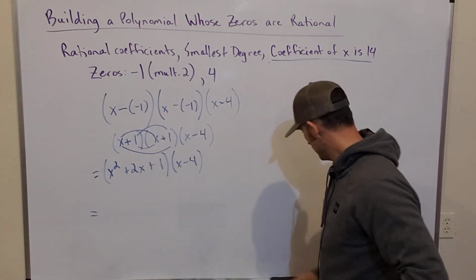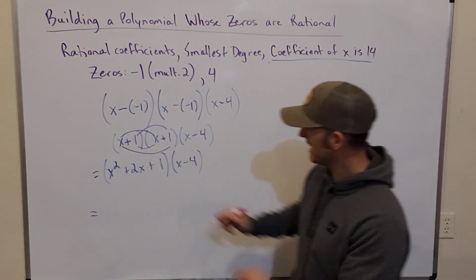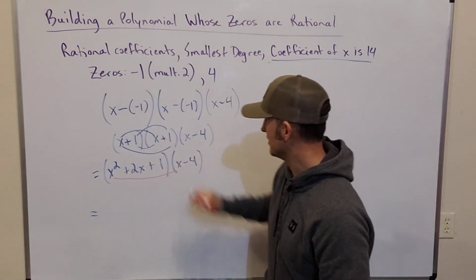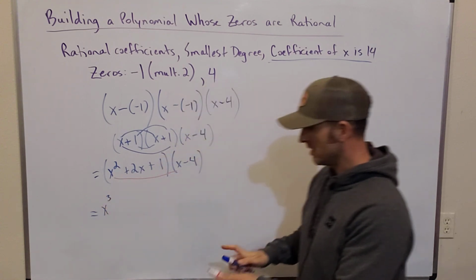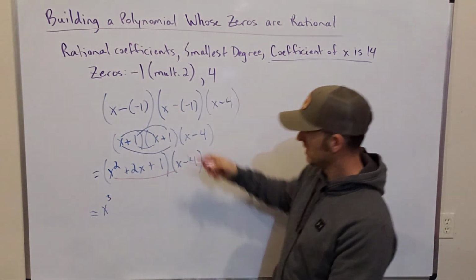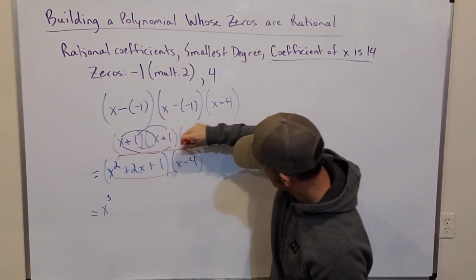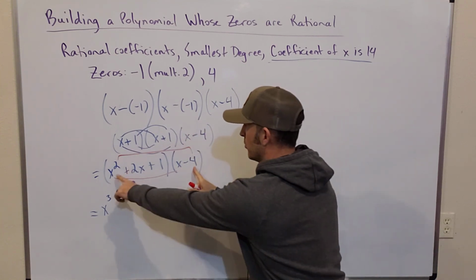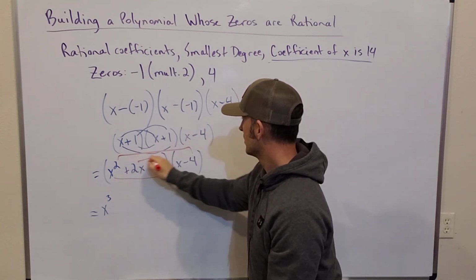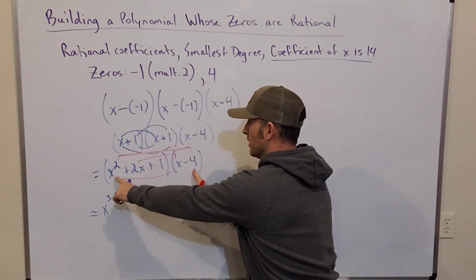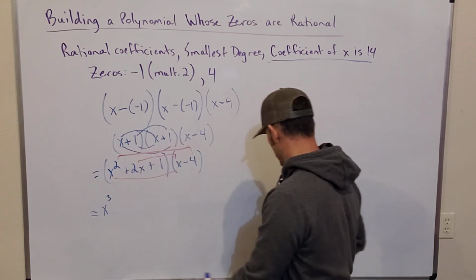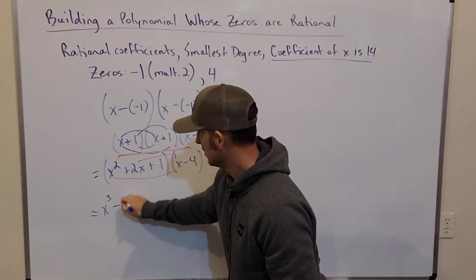So I'm going to get my x cubed terms, and the only way to do that is x squared times x. Then I'm going to do my x squared terms. I could do that with x squared times -4, so that's -4x squared, plus 2x squared. So -4x squared plus 2x squared is -2x squared.